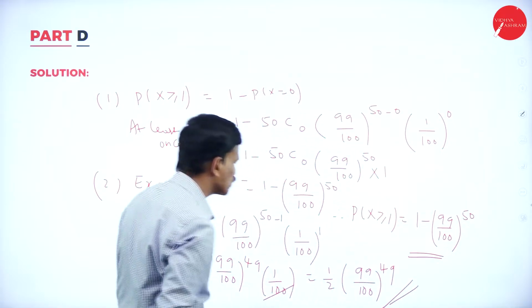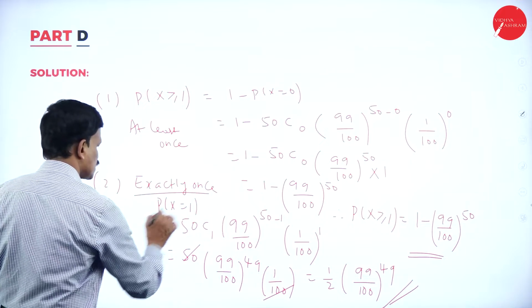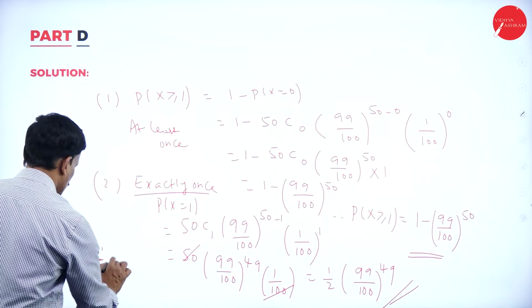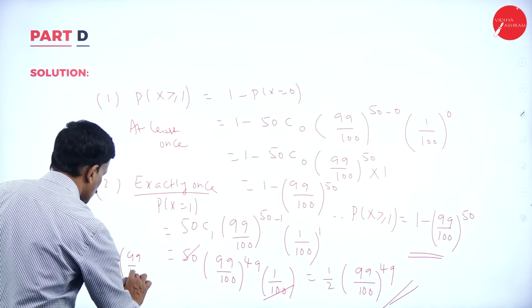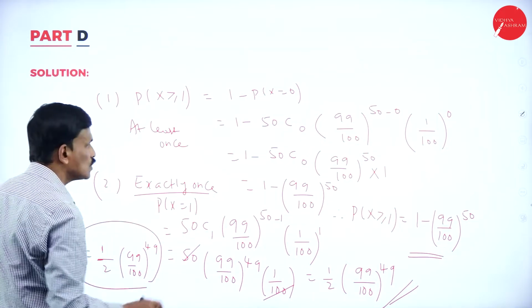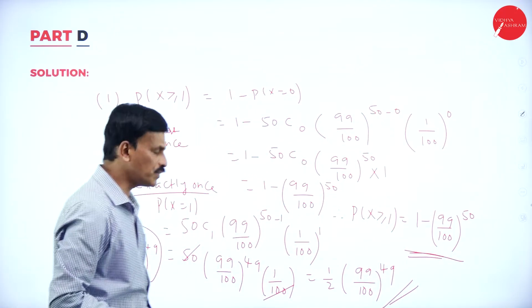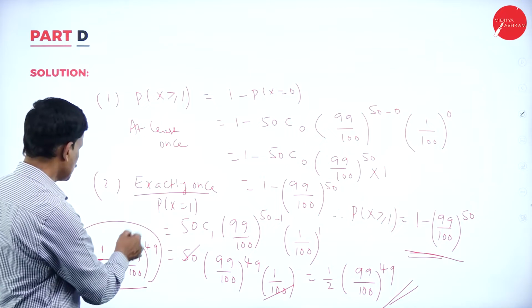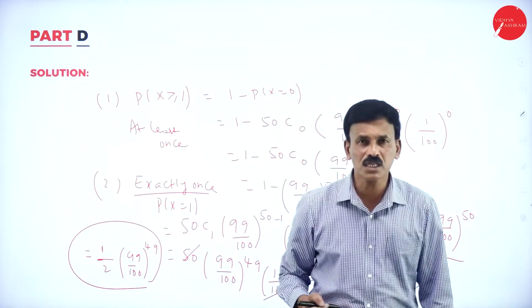This is the required answer. So, the probability of winning at least once is 1 minus 99 by 100 to the power of 50, and exactly once is 1 by 2 into 99 by 100 to the power of 49. This is the required answer.